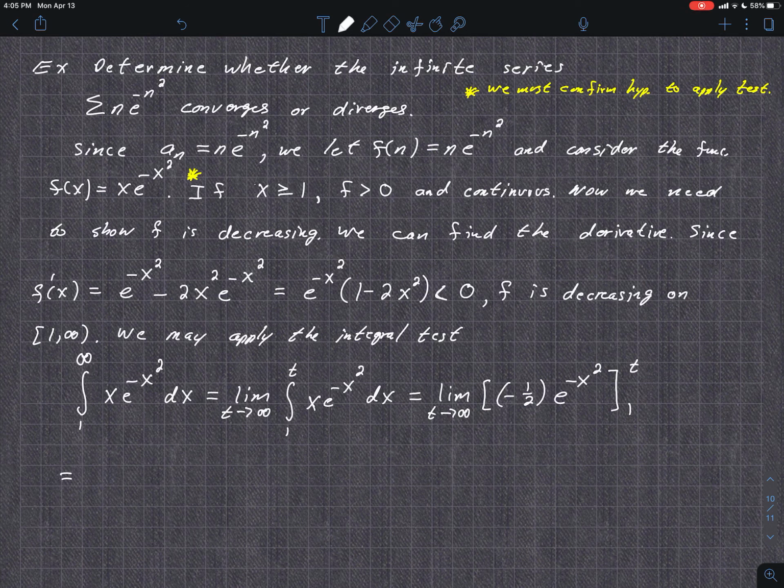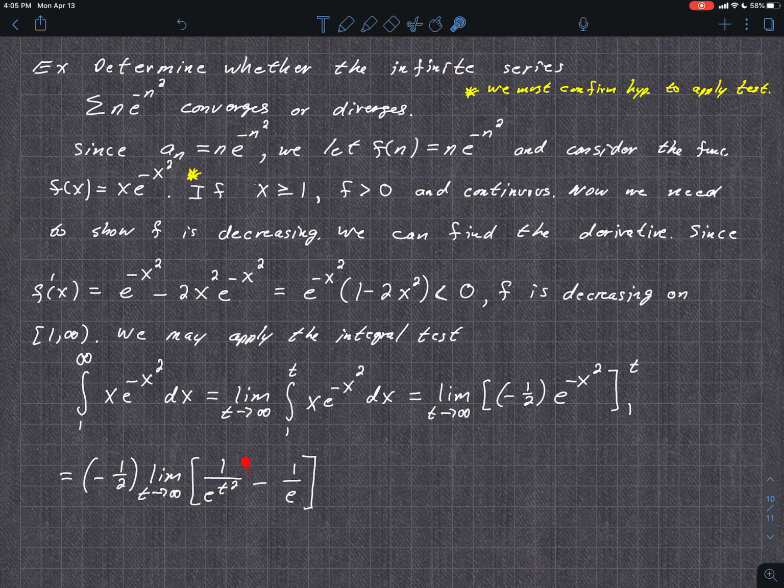So you can factor out a few things and simplify, but you end up getting negative a half times the limit as t approaches infinity of, substitute in your t, 1 over e to the t squared minus, e to the 1 squared, which is just 1 over e.